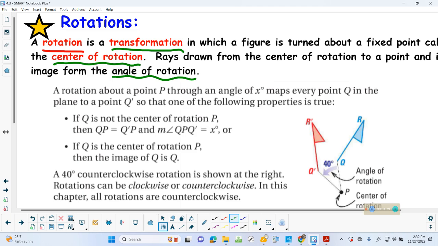I also want to point out one thing, because you're going to see one little twist on our problem today. At the bottom, a 40-degree counterclockwise. Hopefully we know which way counterclockwise is, shown at the right. Rotations can be clockwise or counterclockwise. In this chapter, all rotations are counterclockwise.